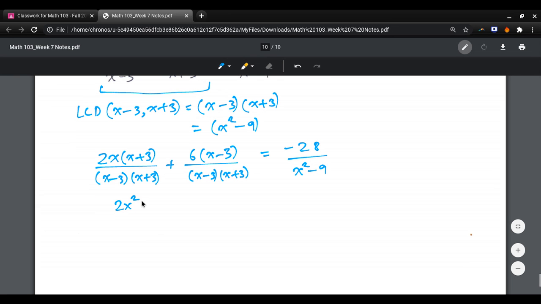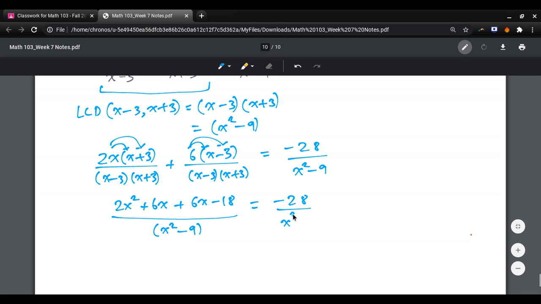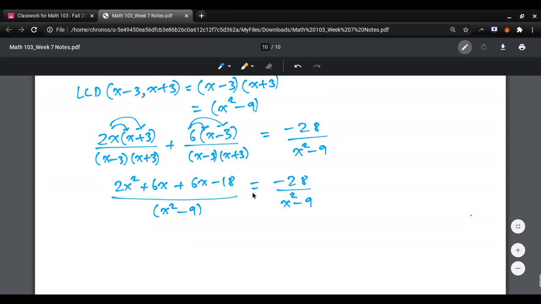This is 2x squared, remember, you're distributing, plus 6x, plus distribute 6x minus 18, divided by, now I'm going to write this as x squared minus 9.